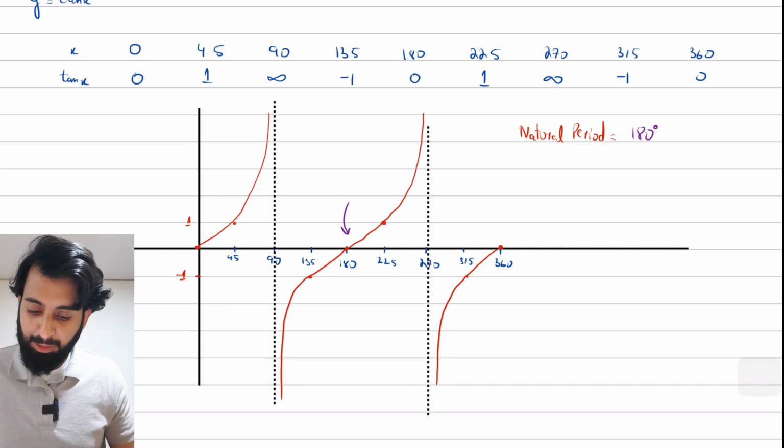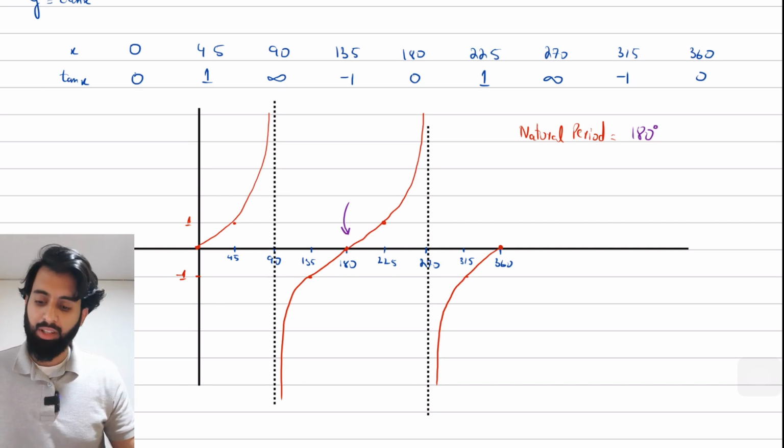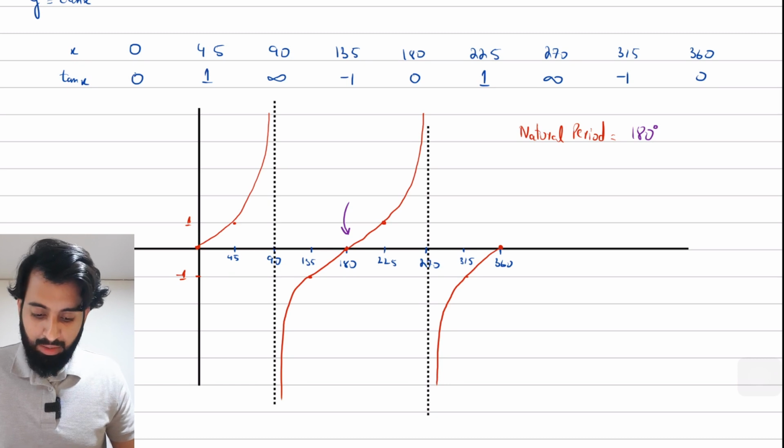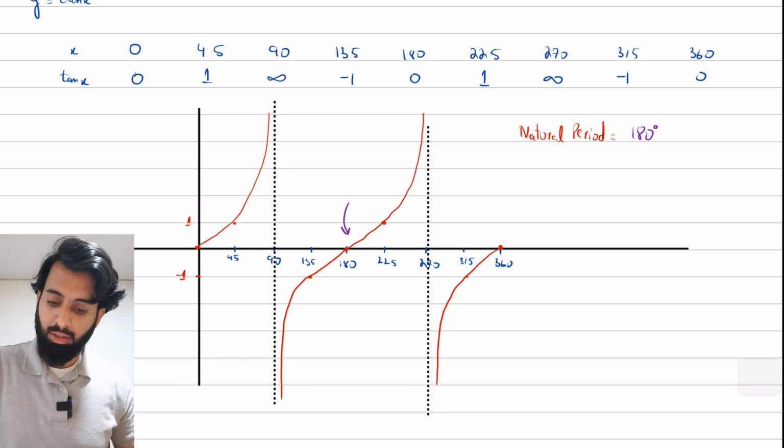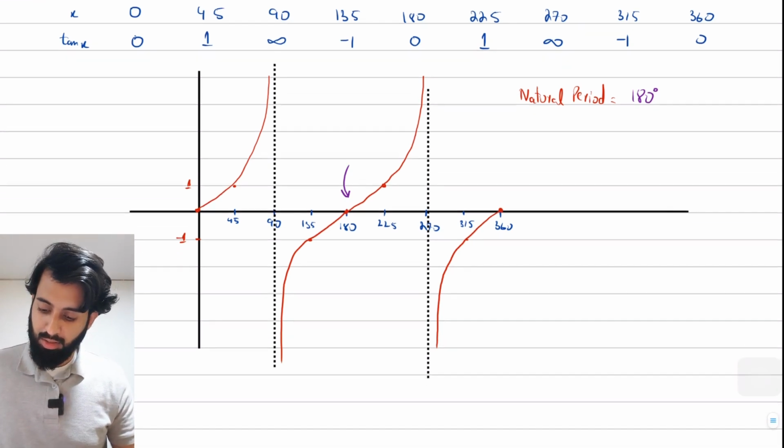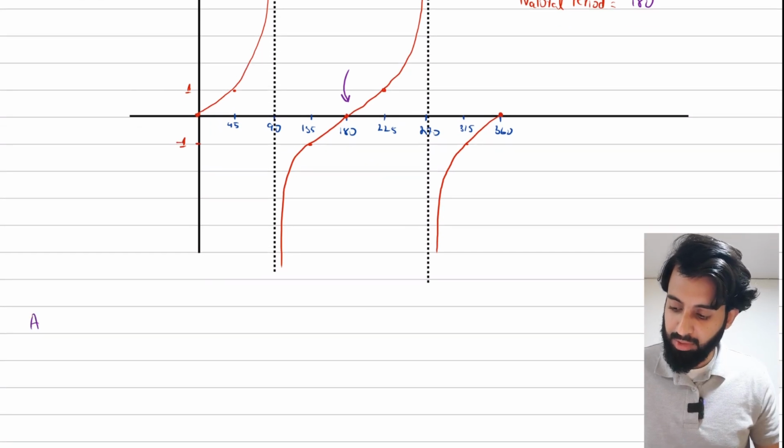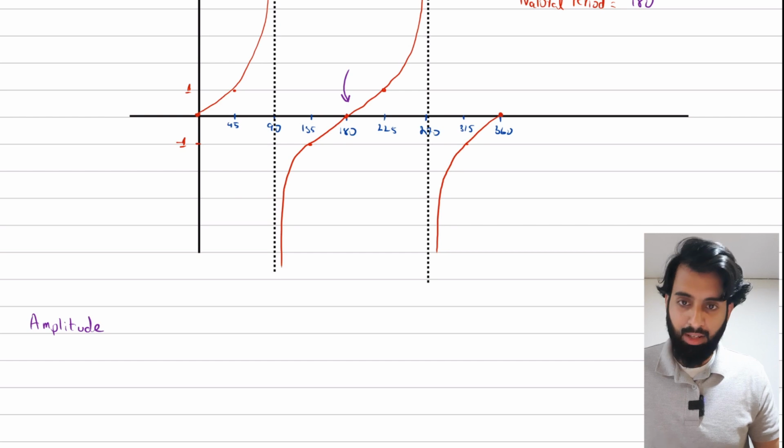Okay, so this was just an introductory video of graphs of trigonometric functions. There is something, however, I'd like to mention here, and that is the amplitude. We're just going to look at the formula and we're going to look at it in more detail in the next video, inshallah.